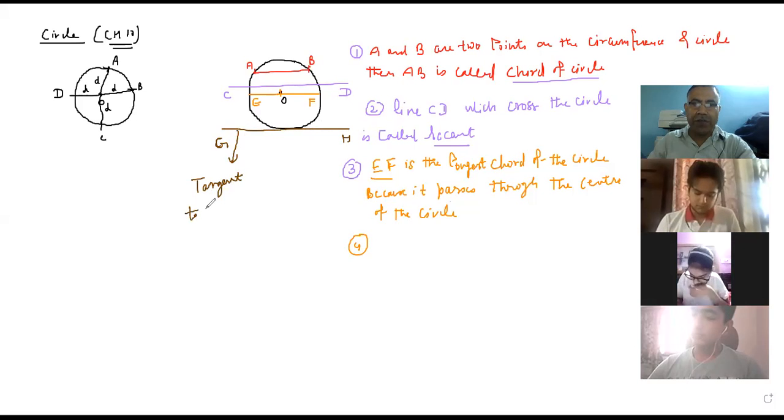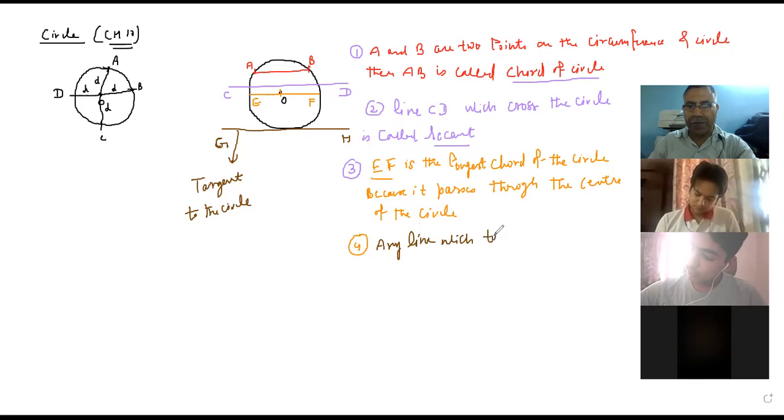Tangent to the circle. So any line which touches the circle is called a tangent to the circle.